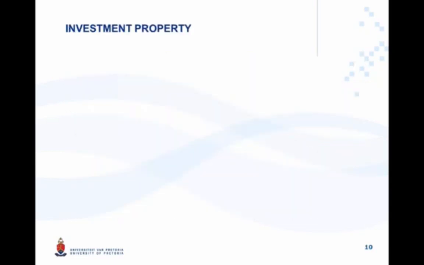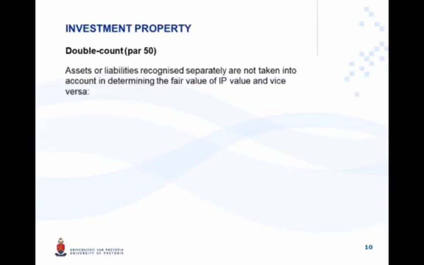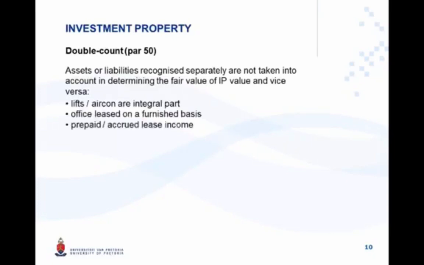So IAS 40 paragraph 50 prevents overstatement of assets and liabilities by preventing double counting. Assets or liabilities recognized separately are not taken into account in determining the fair value of investment property's value, and vice versa. The 3 bullets indicate the specific examples highlighted in paragraph 50.